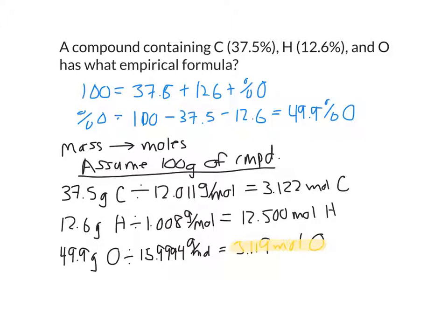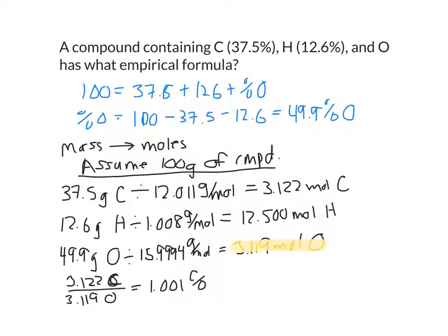So if we go ahead and divide each of these by the lowest, then we have 3.122 carbon divided by 3.119 oxygen, and we find that we have a ratio of 1.001 carbon to oxygen.